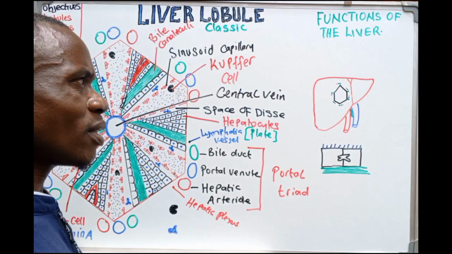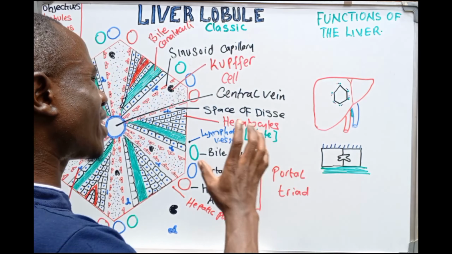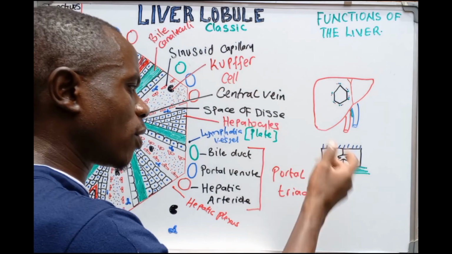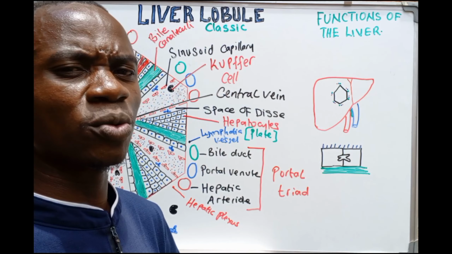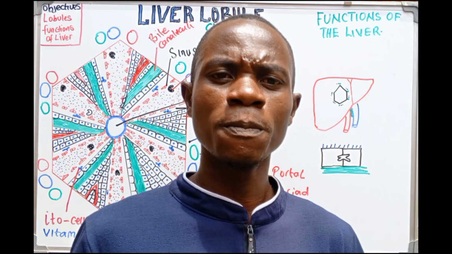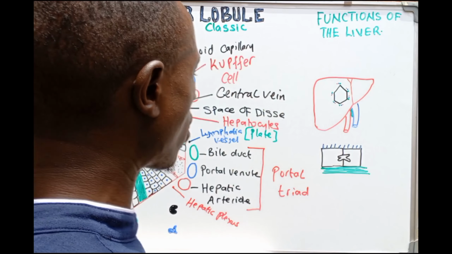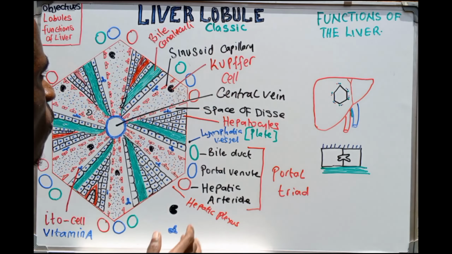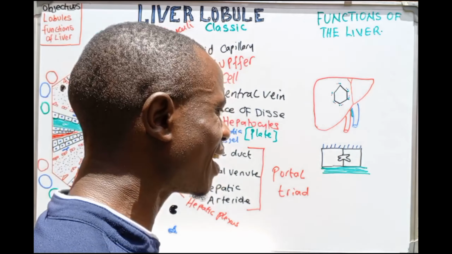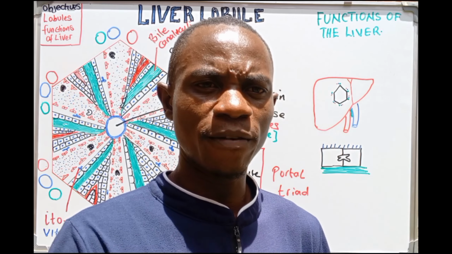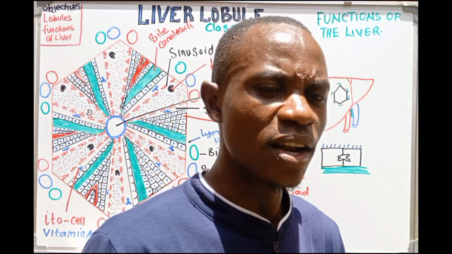So now, let's go ahead and see some of those processes that are carried out by hepatocytes. And by doing that, we are going to explain the functions of the liver, because all the functions of the liver take place in this liver lobule, particularly in the hepatocytes. Okay, so let's go ahead and see the functions of the liver.